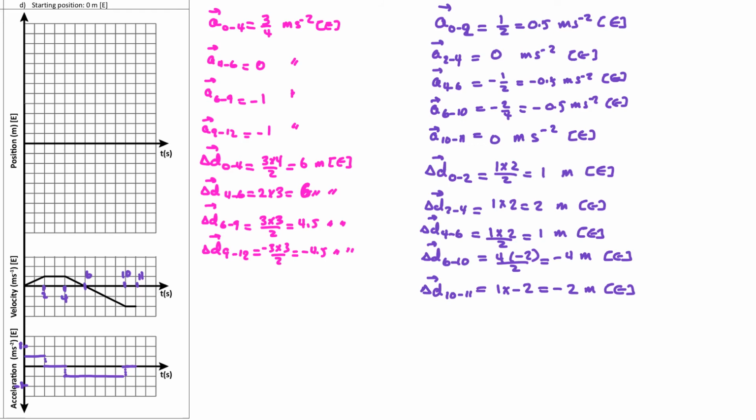Let's graph this. A starting position is 0. After 2 seconds, we move up by 1. After another 2 seconds, or at 4 seconds, we move up by 2 more. After another 2 seconds, we move up by 1.